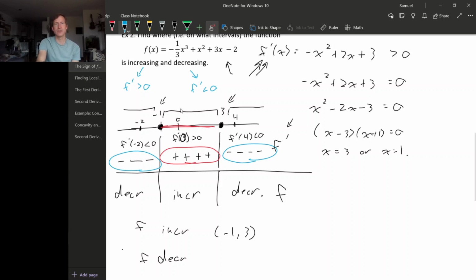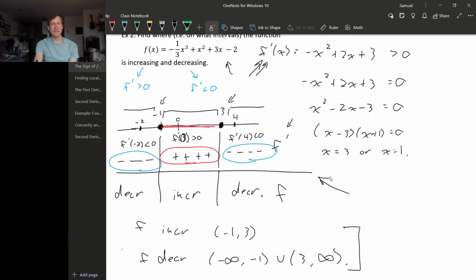That's here and here. So that's from -infinity up to -1, union 3 up to infinity. All right, so there we go. Making a sign chart like this has let us figure out where the original function is increasing and where it's decreasing.